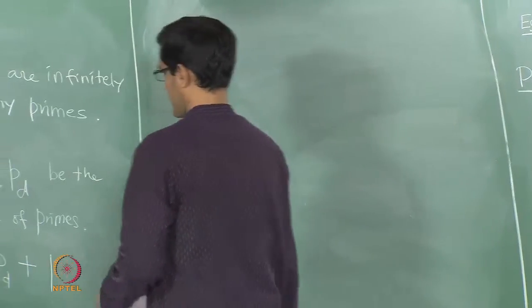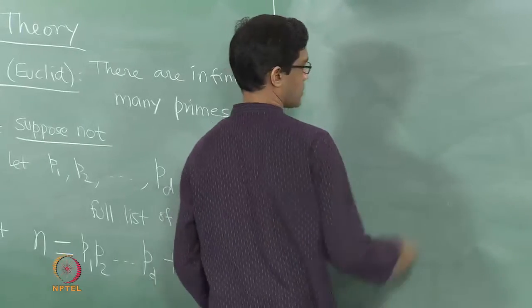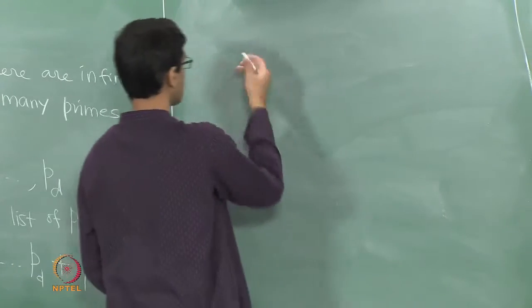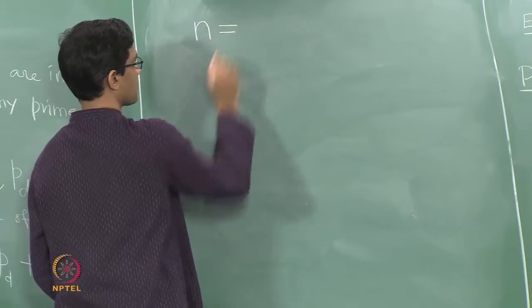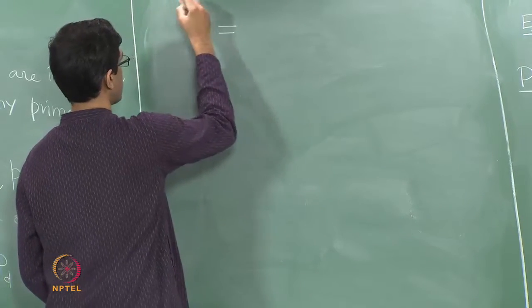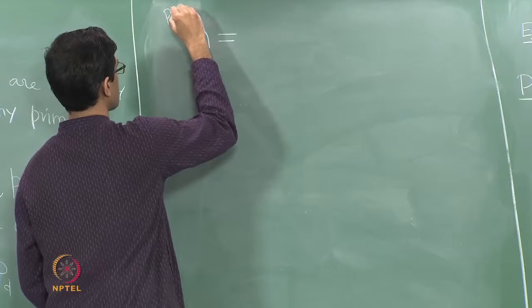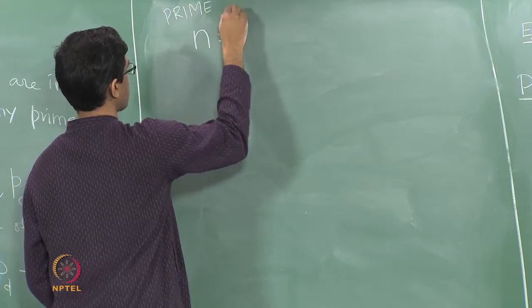Now n is of course some natural number, and by using the principle that every natural number has a prime factorization, let's break n down into primes. So here's the prime factorization of n.